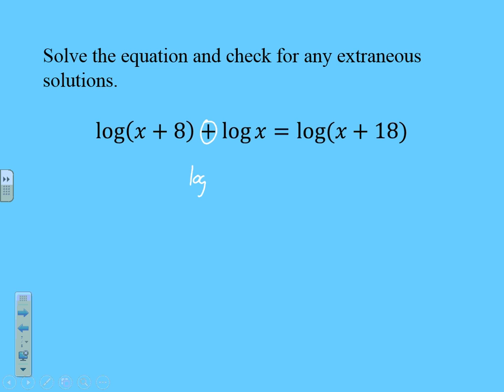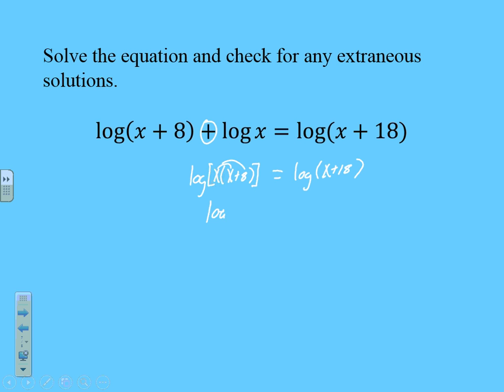So now these are base 10, so we don't need to write the base. So I'm going to say log of x times the x plus 8 will be equal to the log of x plus 18. Okay, distribute the x in the parentheses on the left side.